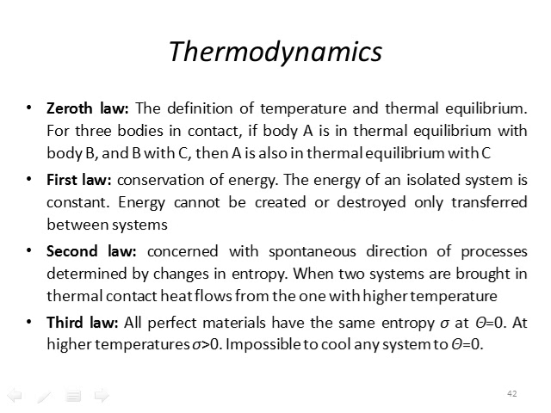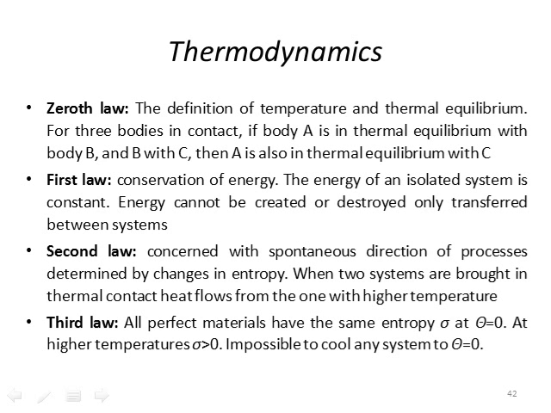So from thermodynamics, which you probably learned in high school, we have 4 basic laws. The 0th law is the definition of temperature and thermal equilibrium. The first law is conservation of energy. The second and third laws are due to something called entropy, which has to do with the characterization of the randomness of the system.